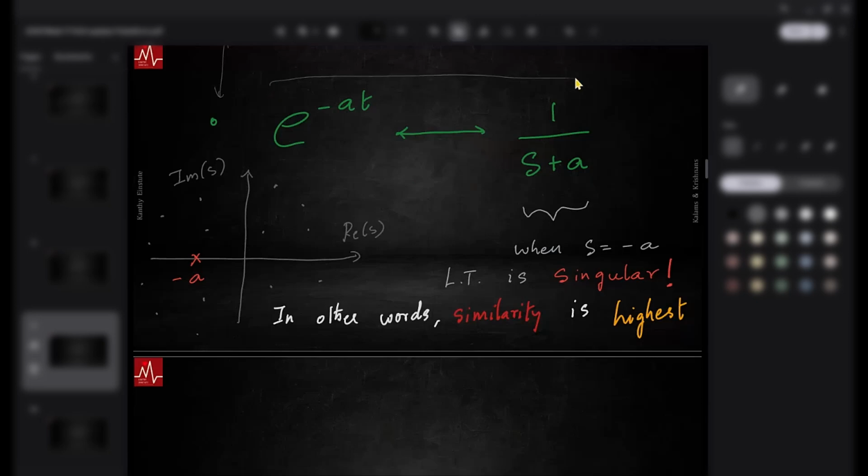So the point s equals minus a best represents this exponential. That's all this transform tells you.